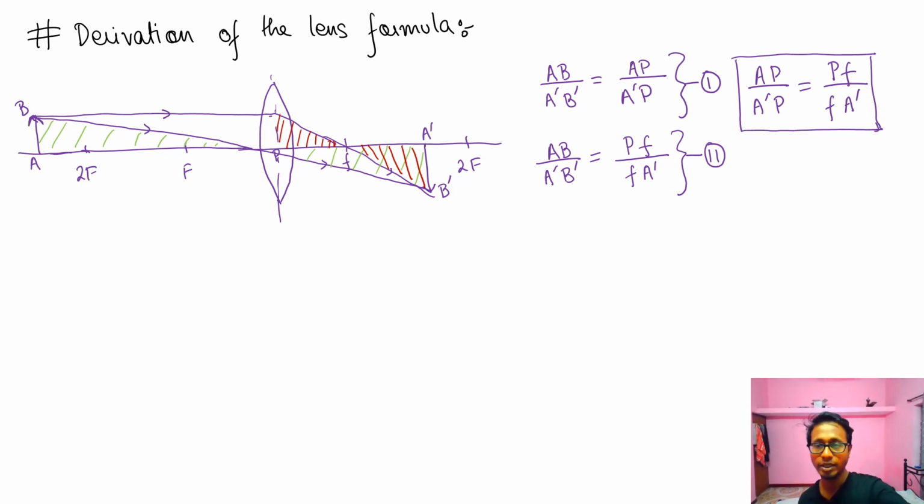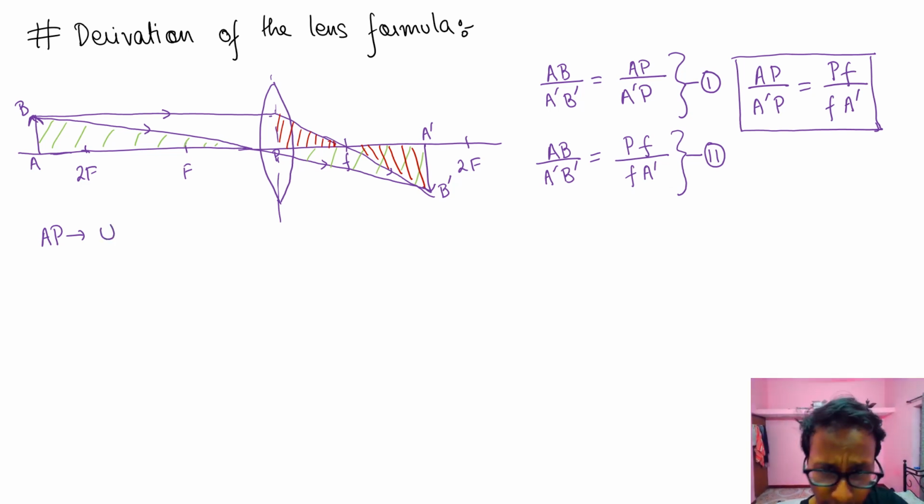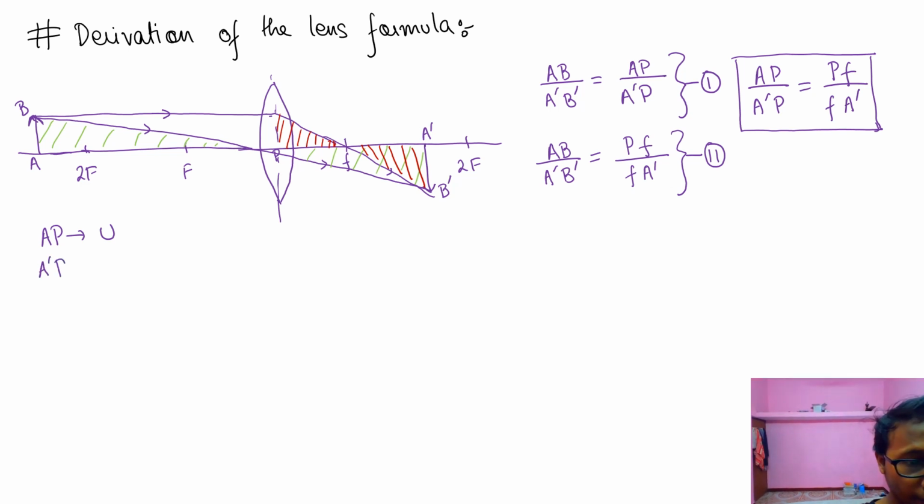Analyze at the bottom. Now here, see one thing. AP is nothing but the object distance U. A dash P is nothing but the image distance V. PF is nothing but the focal length.